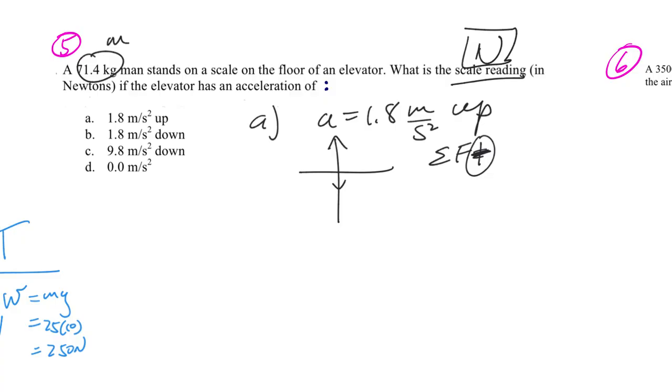So talking about a guy in an elevator, it's not tension, it's normal force going up and weight going down. Let's find the weight. The weight of the guy is mg, 71.4 times 10 equals 714 newtons.